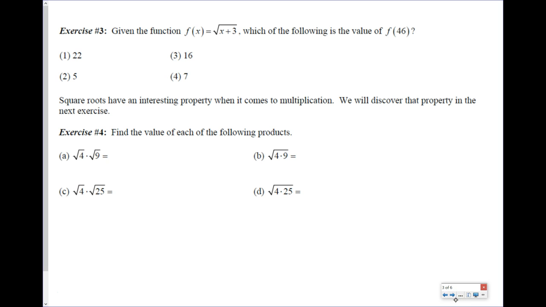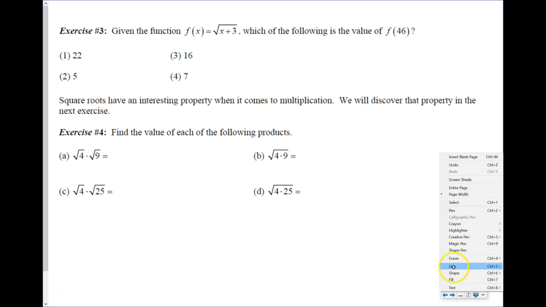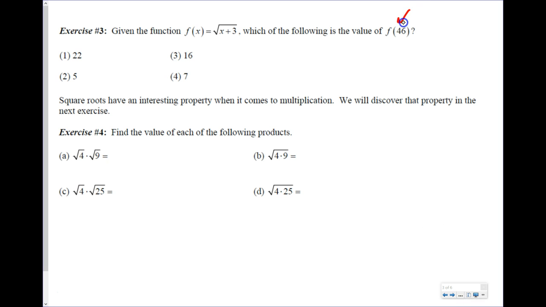Exercise 3. Given the function f of x equals the square root of x plus 3, which of the following is the value of f of 46? So remember, this notation wants us to plug in 46 for x. So I'm going to rewrite, instead of f of x, I want f of 46 equals the square root. Now instead of x, I'm going to put in 46 plus 3.